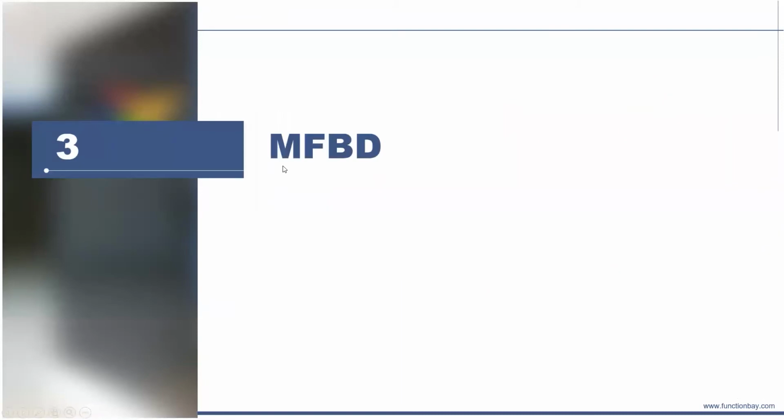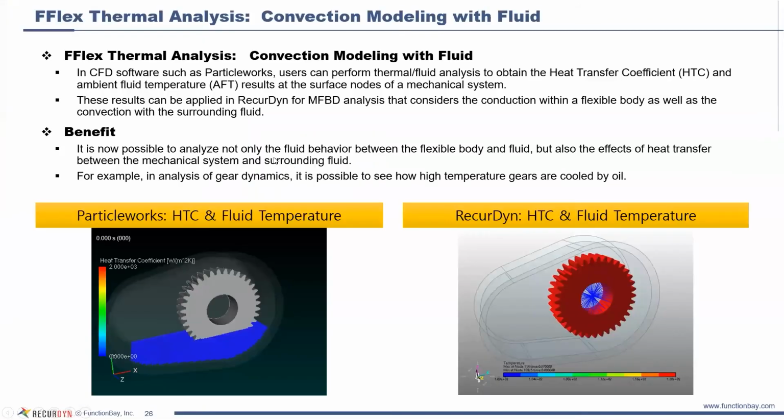All right, so the next set of enhancements have to do with multi-flexible body dynamics. The first one is an enhancement to the RFlex thermal analysis, where we can now model convection with surrounding fluid.